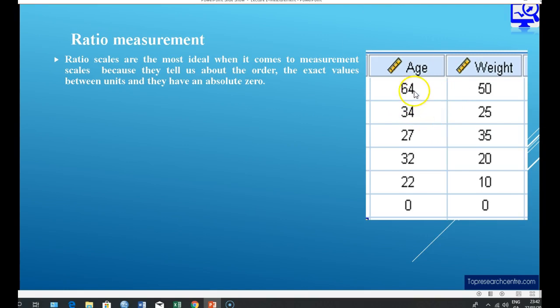For example, in this case, we can say somebody with 64 years is twice the age of somebody who is 32 years. Or we can say somebody with 50 kgs in weight is twice in weight to somebody who is 25 kgs.